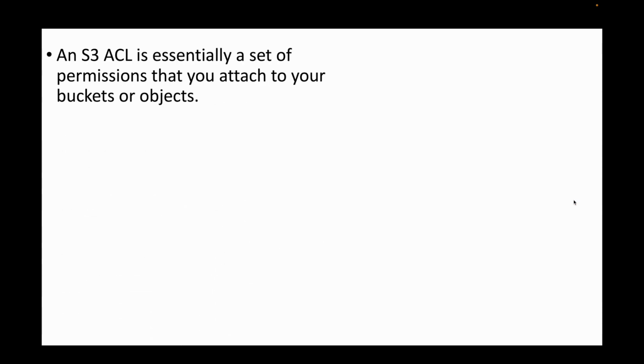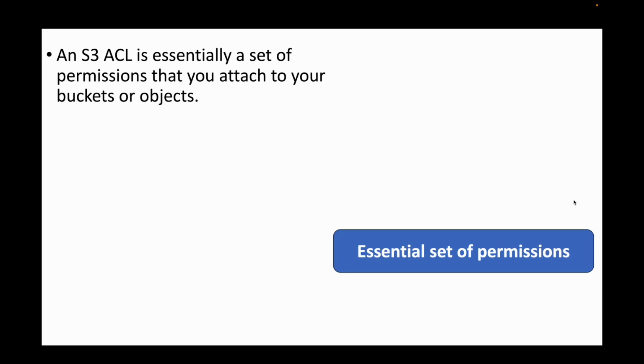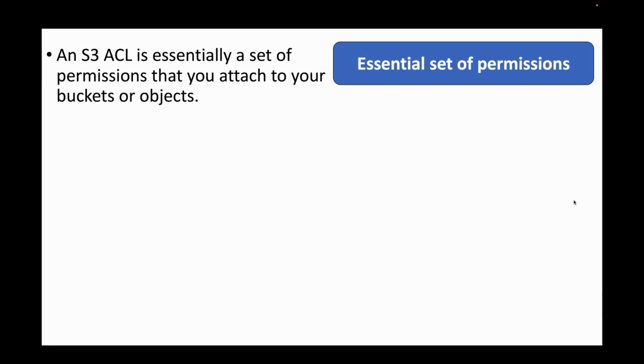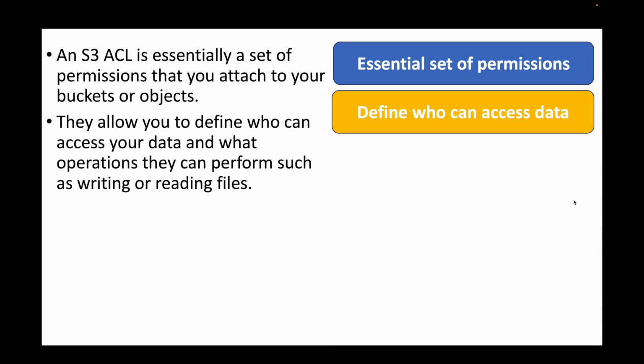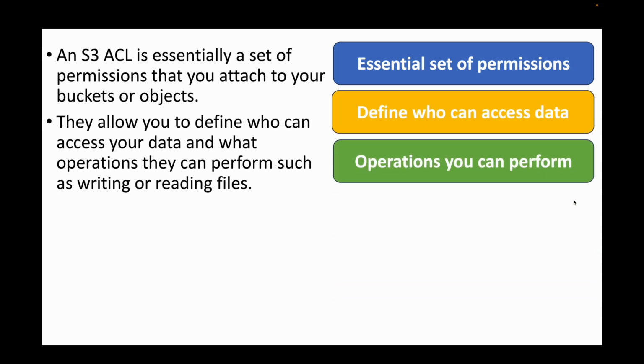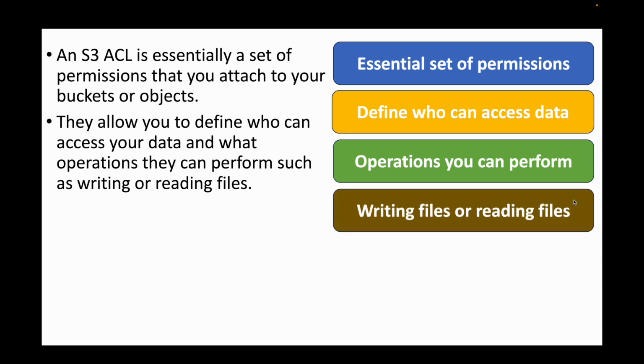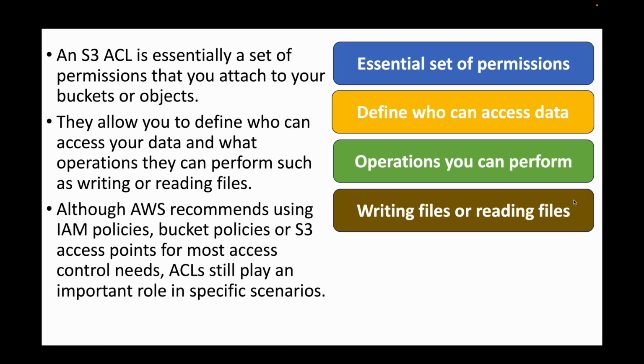An S3 ACL is essentially a set of permissions, and we can attach these permissions to your S3 bucket as well as your objects. These permissions allow us to define who can access your data as well as what operations they can perform on it. The operations can be writing data to your buckets or reading data from the S3 bucket. All those things can be controlled. This is the same as bucket policies, but it is another option that is available.